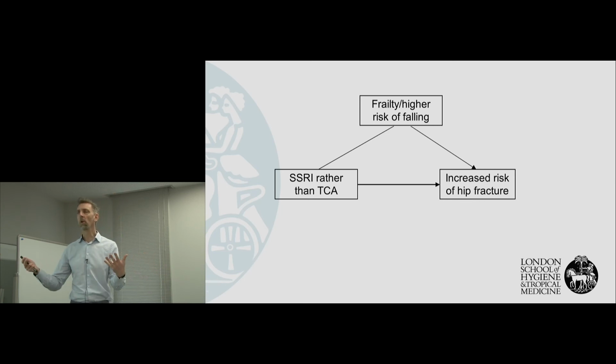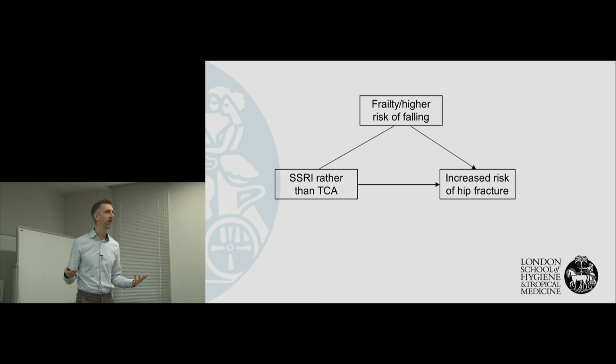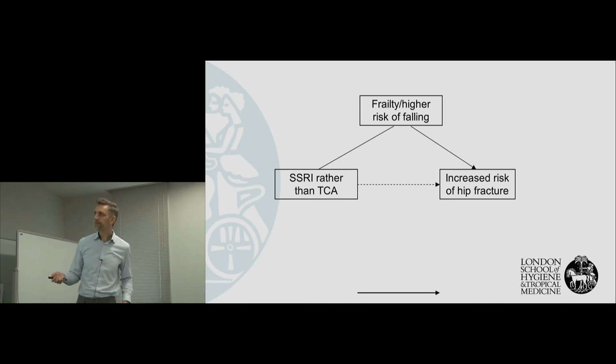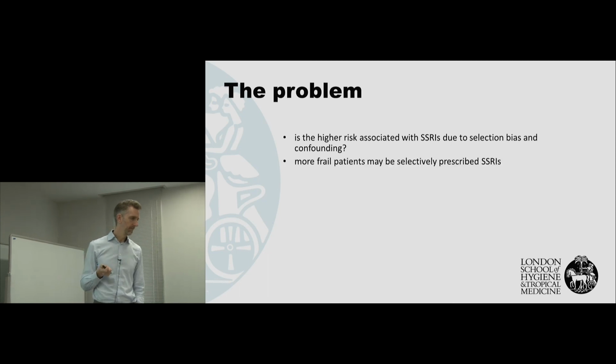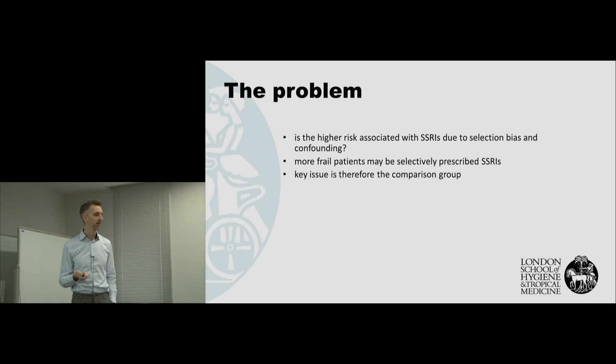So as epidemiologists, we can do the best we can to adjust for confounding, but we know there's often residual confounding and it can be a big problem. So maybe this bigger association for SSRIs is actually due to confounding, because more frail patients are given the SSRIs.